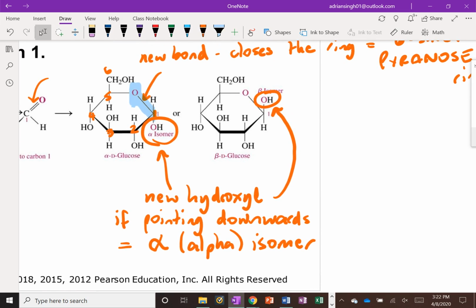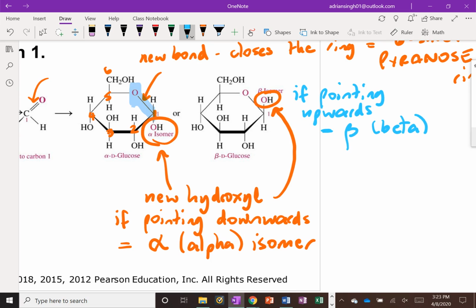And if the new hydroxyl group ends up pointing upwards, we call it the beta isomer. All right, so those are two possibilities that can result when that ring closes up.